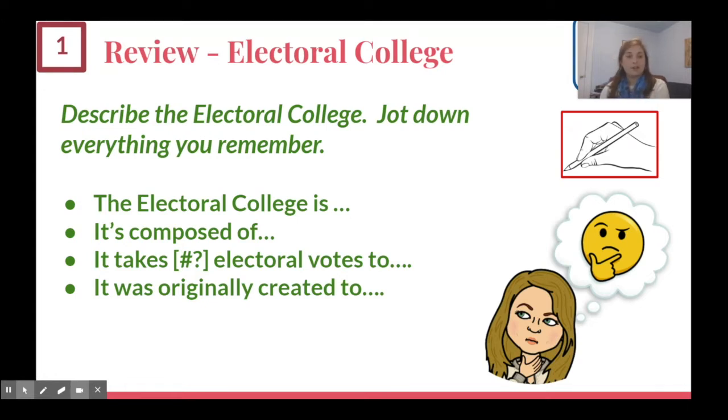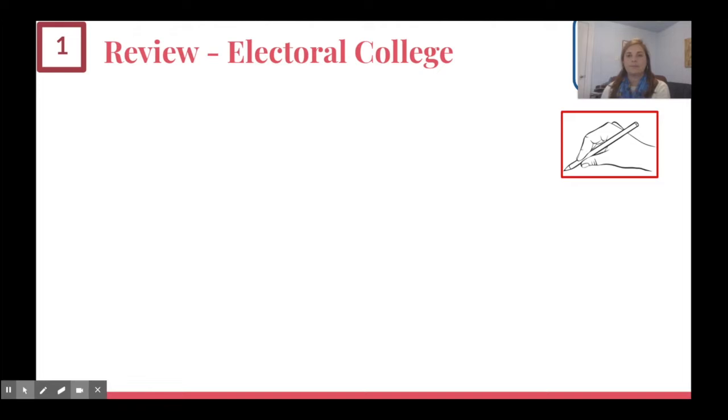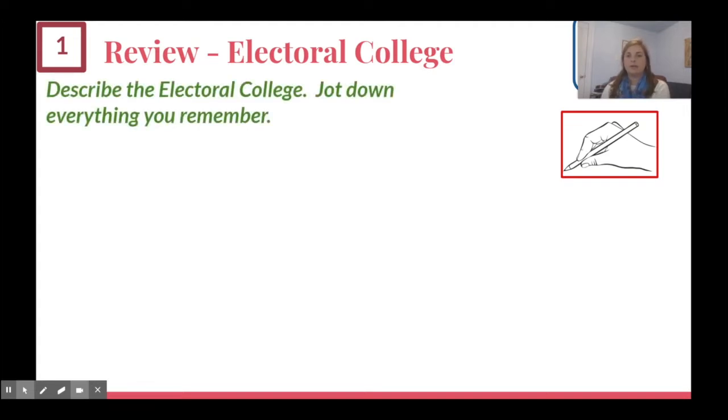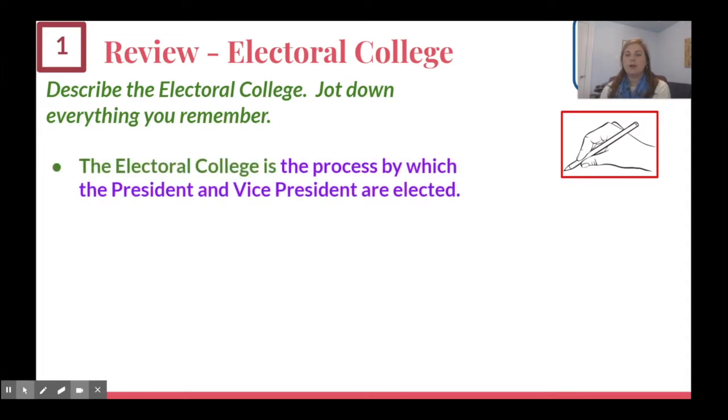Okay, you ready to review? All right, let's review the answers to those sentence starters. So check your answers as we go. If you feel like you need to pause the video at any point, if we're going too fast, you should feel free to do so. Okay. So the Electoral College is the process by which the president and vice president are elected.